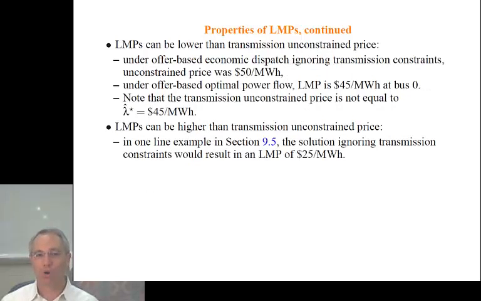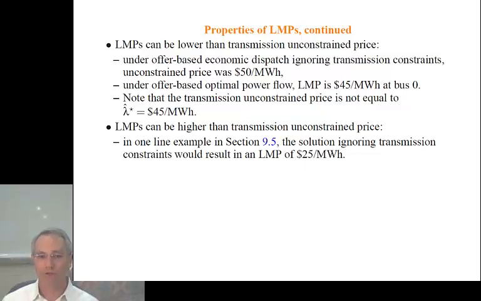LMPs can be lower than the transmission unconstrained price. The original offer-based economic dispatch solution ignoring transmission constraints had an unconstrained price of 50, but under offer-based optimal power flow, the LMP was $45 per megawatt hour at bus 0, at the demand bus.